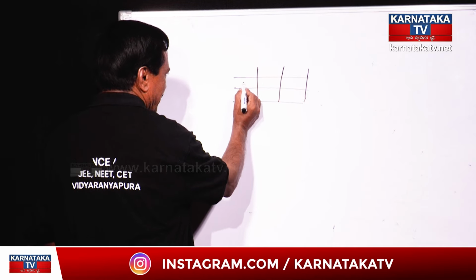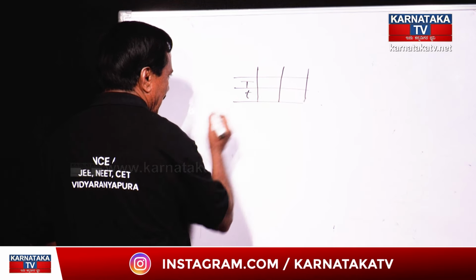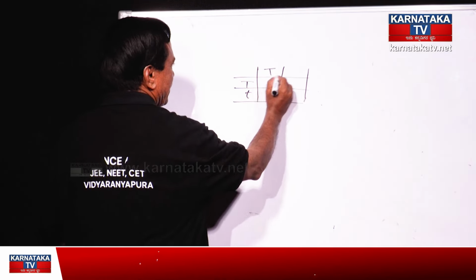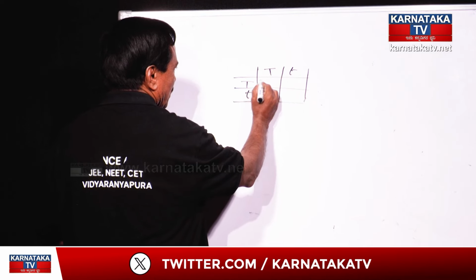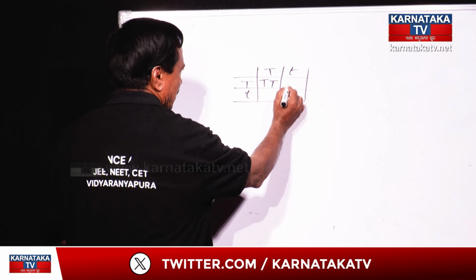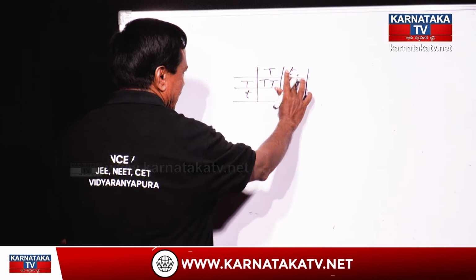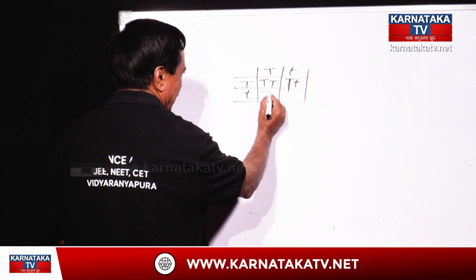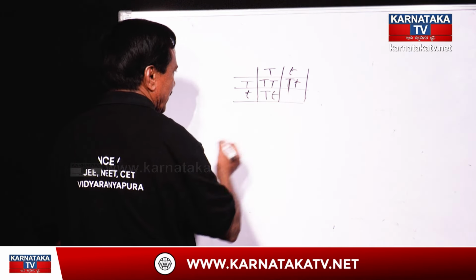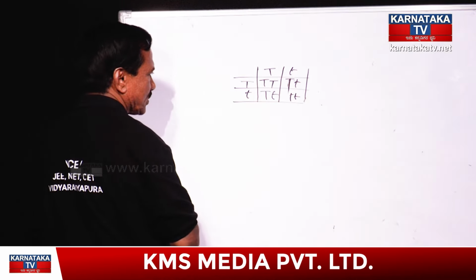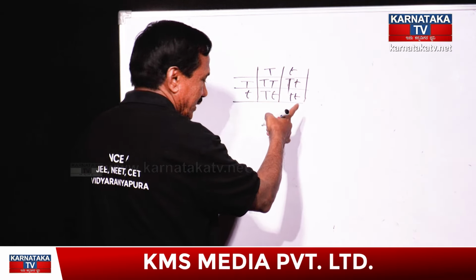We have to take the same gametes. This is the gametes of one plant. This is the gamete of another plant. Cross this. Homozygous tall. Heterozygous tall. Again, heterozygous tall. Homozygous dwarf. So this is the Punnett checkerboard.